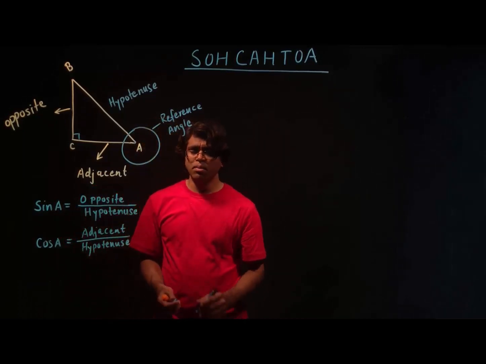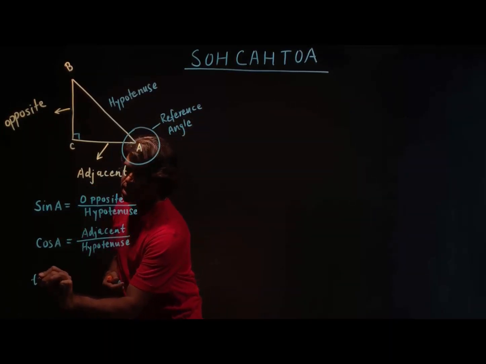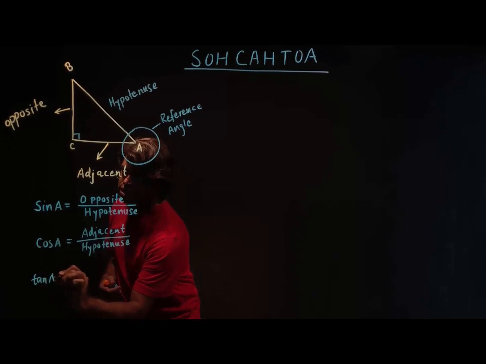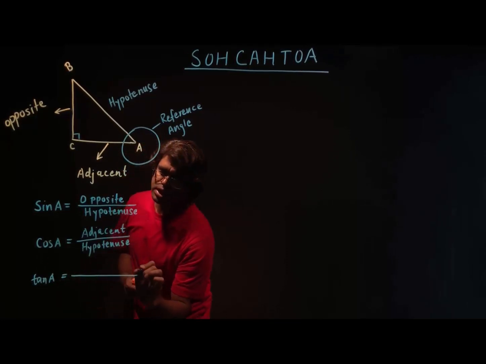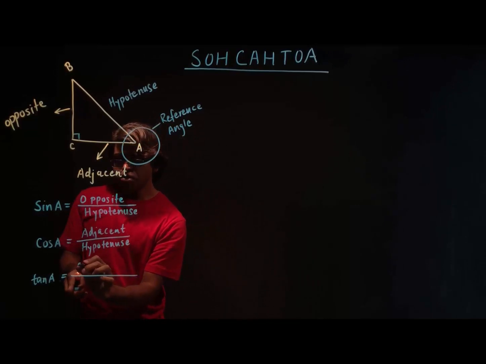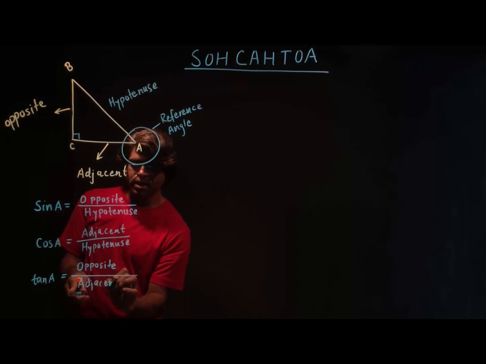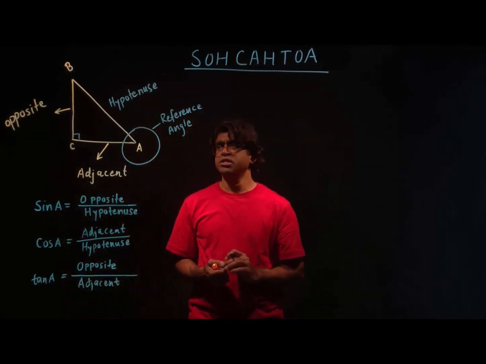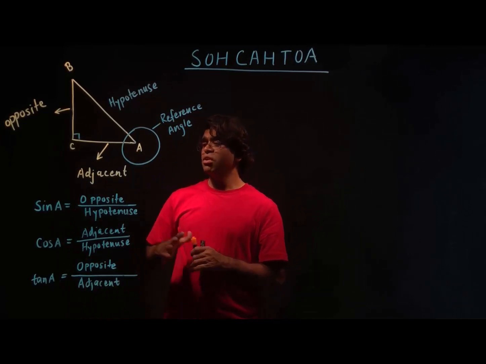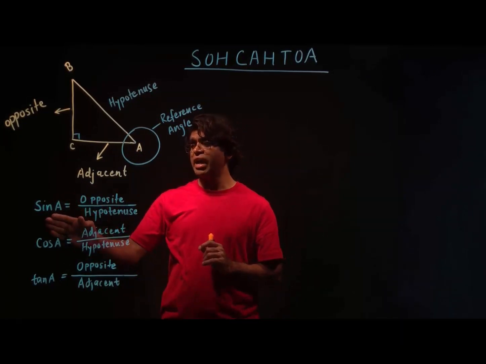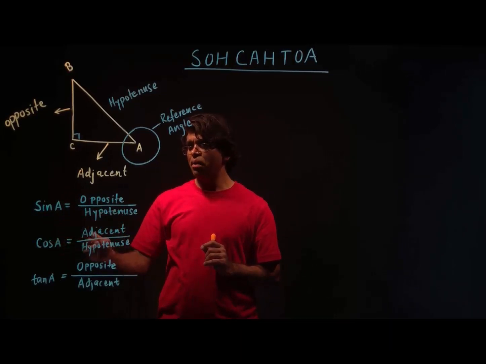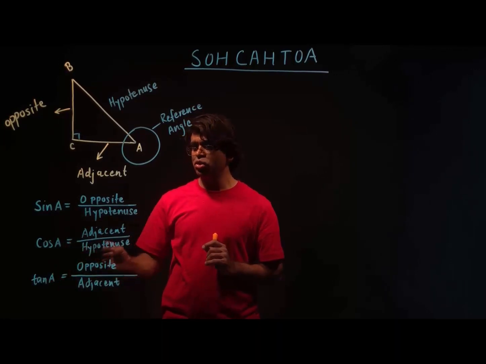My last basic trigonometric function was tangent A, which is opposite over adjacent. So my three basic trigonometric functions are sine, which is opposite over hypotenuse, cosine, which is adjacent over hypotenuse, and tangent, which is opposite over adjacent.